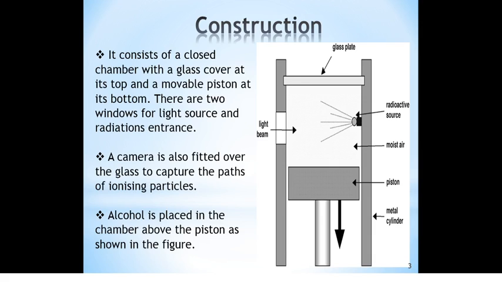and this mixture inside this chamber can be compressed or expanded using this piston, and this piston is covered with a black felt. You can see the picture of the black felt in the next slide.